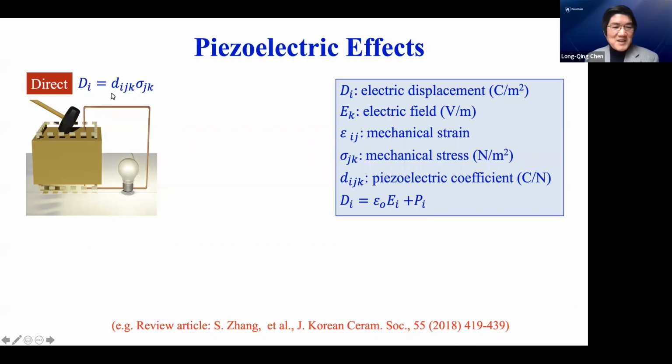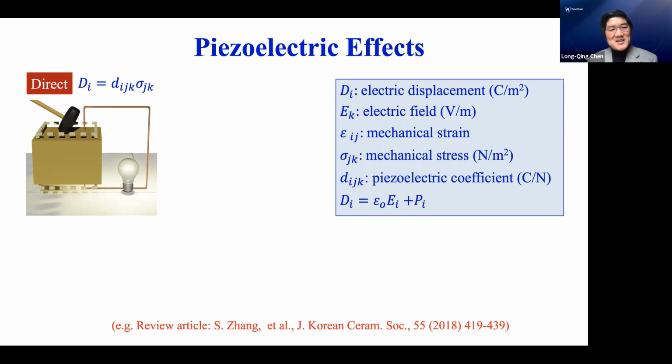And the property which connects these two, representing this effect, how much electrical displacement a crystal exhibits when you apply stress, is represented by the piezoelectric coefficients. Because it connects a second-rank tensor and a first-rank tensor, or a vector, it's a third-rank piezoelectric tensor.